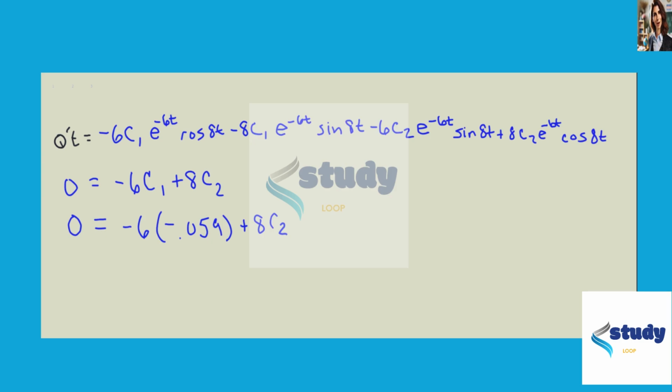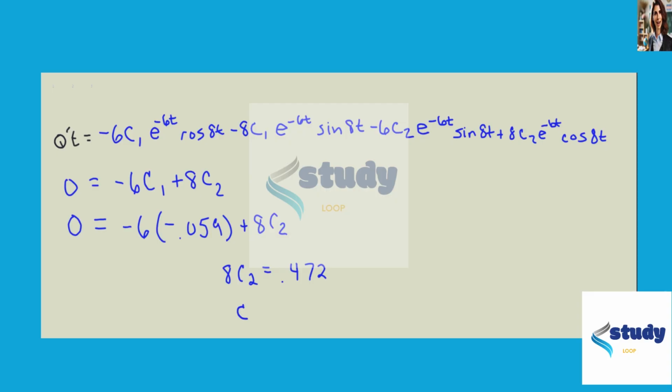Alrighty, so I have 8 C2 equals 0.472 divided by 8.